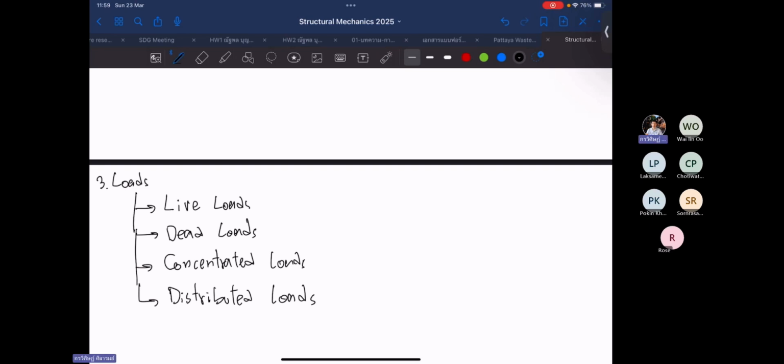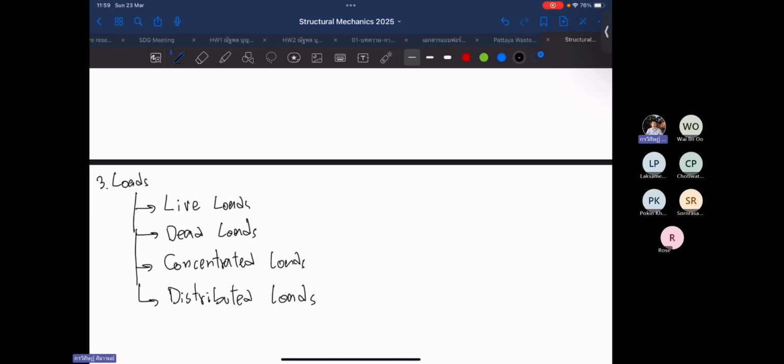Okay, live load is the load that can be changed throughout the time, such as the service load. We cannot exactly determine how much the load of the people in our building. So we assume it like 200 kilogram per square meter, 300 kilogram per square meter, or if we design a parking lot, we don't know exactly the weight of the car on our parking lot. So we have to assume like 400 kilogram per square meter, and so on.